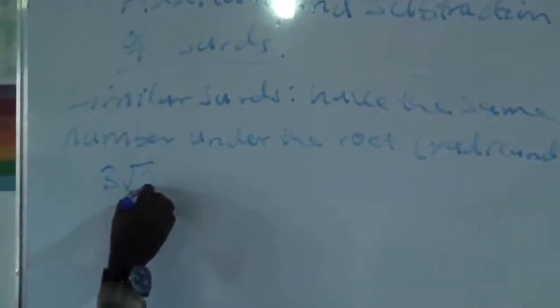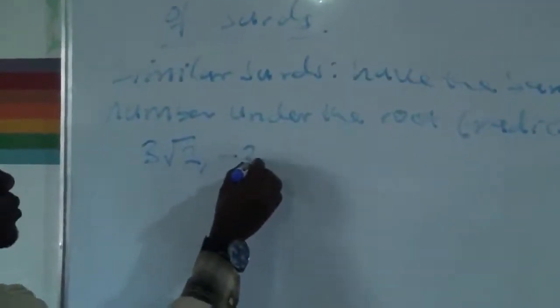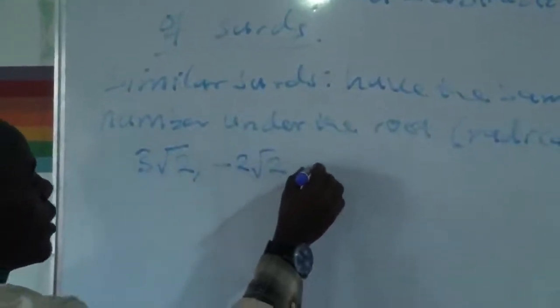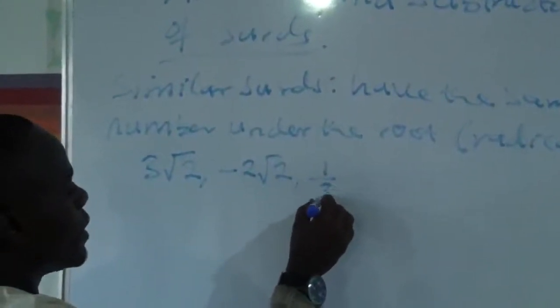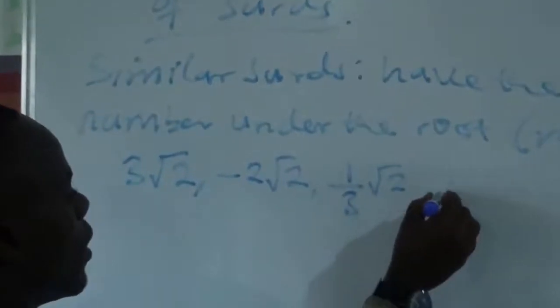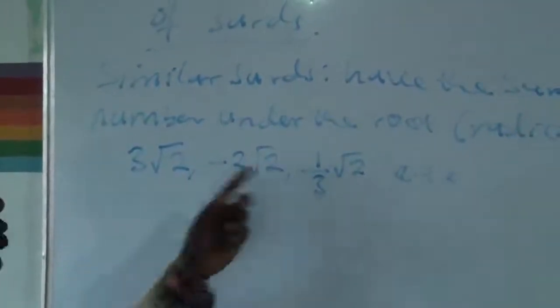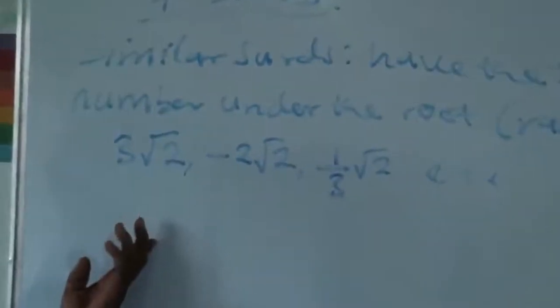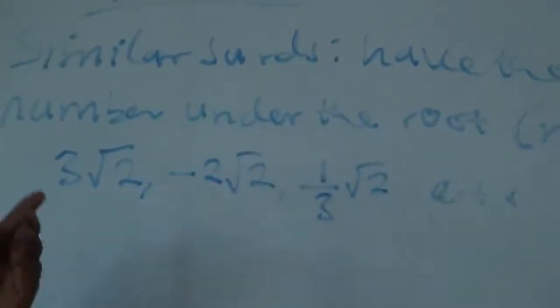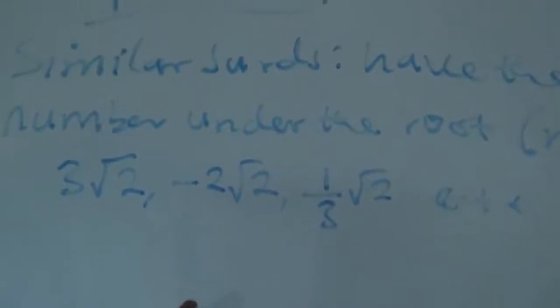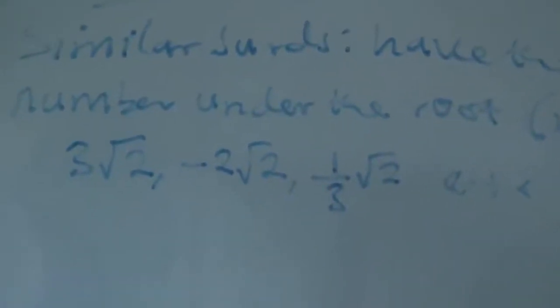For instance, 3 root 2, minus 2 root 2, 1 over 3 root 2, and the rest. All these are similar surds. What is the number under the root here? We have 2, 2, 2. So these are called similar surds, and therefore you can add or subtract them in any given expression.